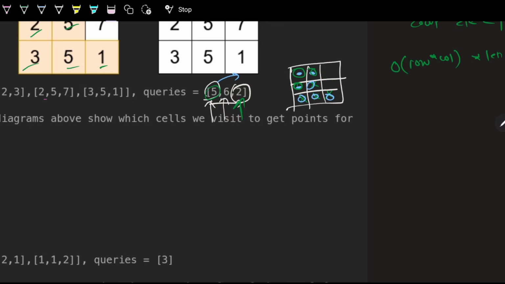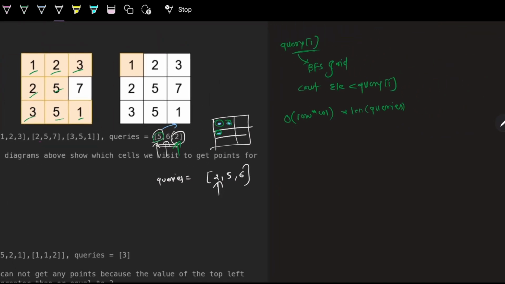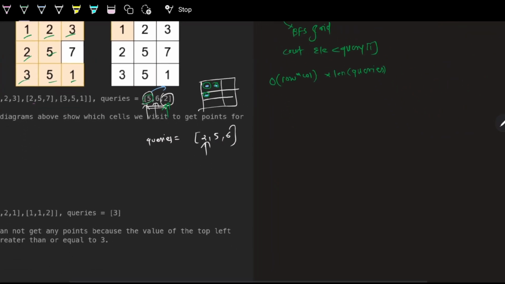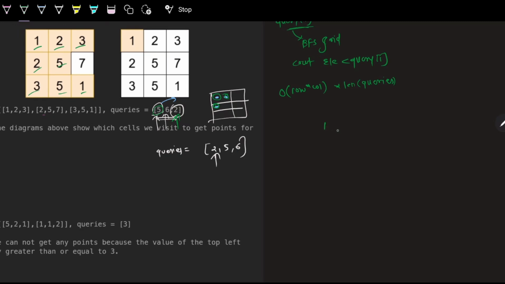So the goal is to sort these queries. After sorting, the queries would look like this: 2, 5, 6. Start using this 2.